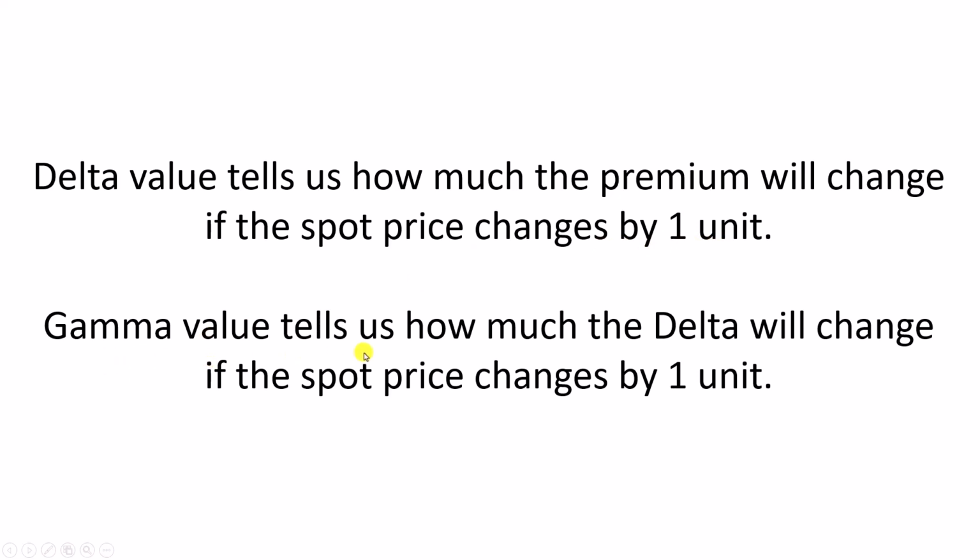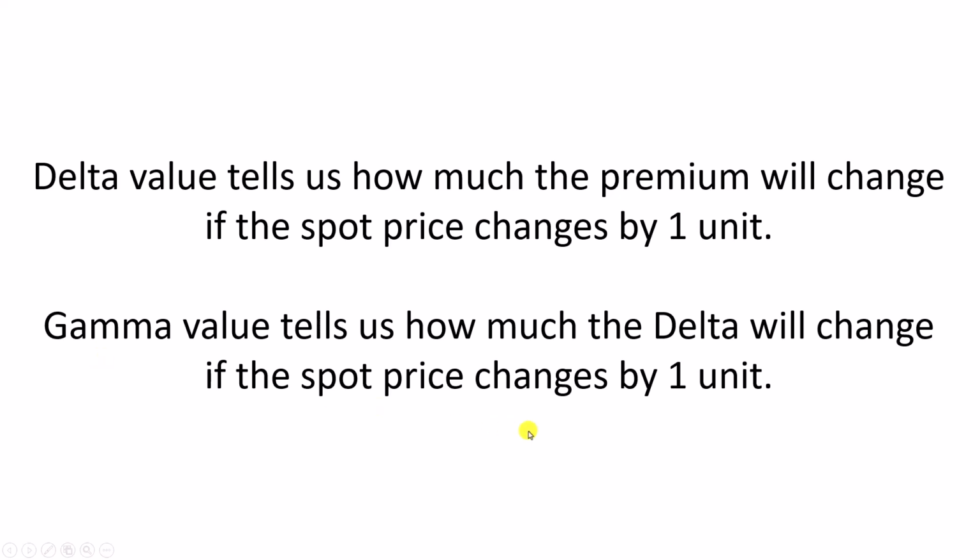Gamma value tells us how much the delta value will change when the spot price changes by 1 unit. When the spot price of stock or index changes by 1 unit, how much does the delta change? That is what the gamma tells us.